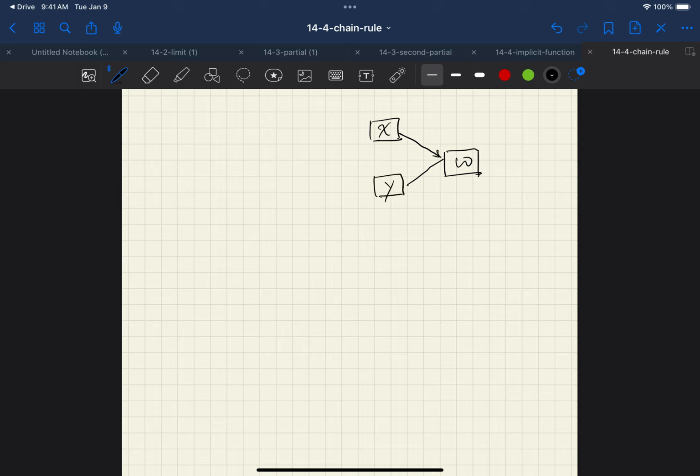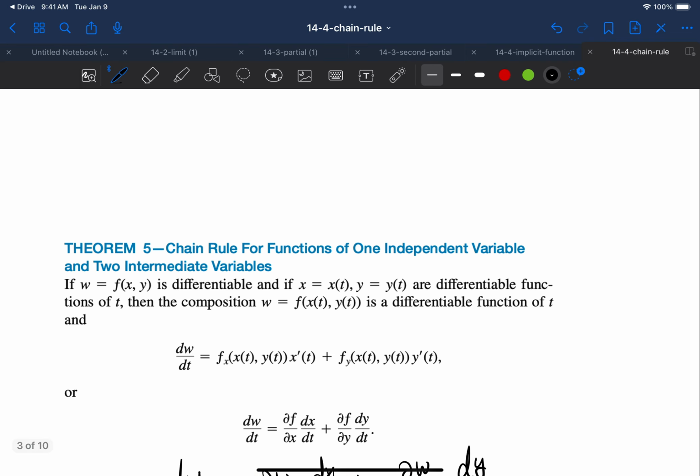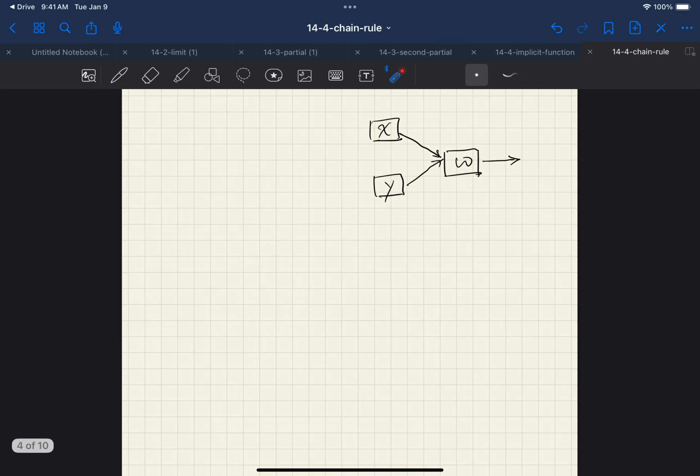So it's going this way, and then you're going to have output, which we call w again. Sometimes we call this f or g or h, it's fine, but for simplicity we just use those variables as functions. And what is x? x is a function of t, and y is a function of t. So we can put this as follows. They're coming from the same t value.